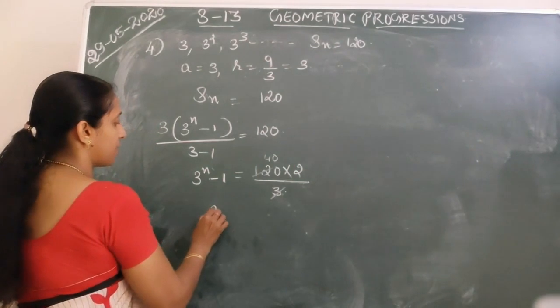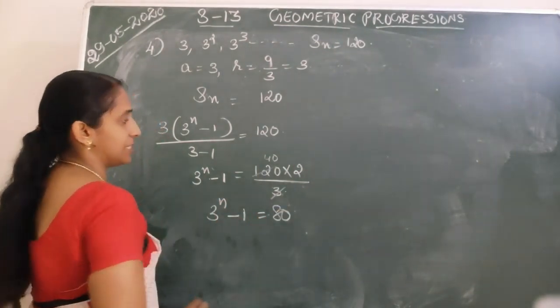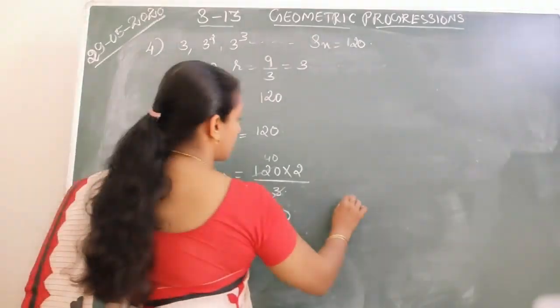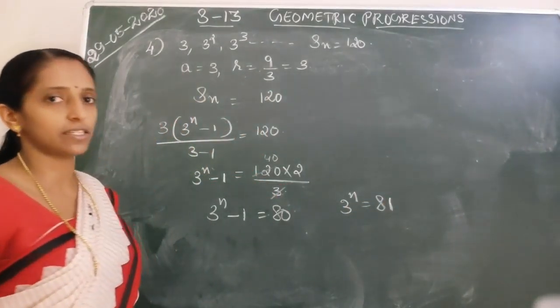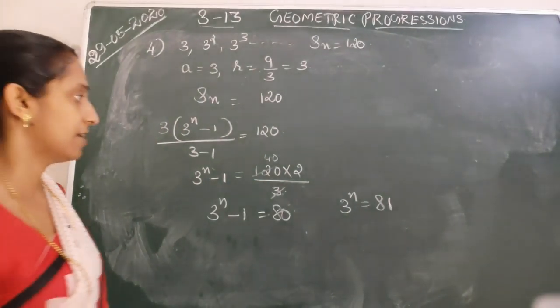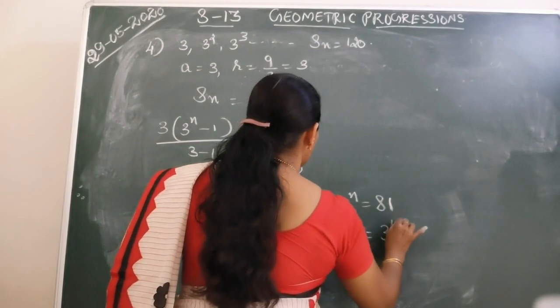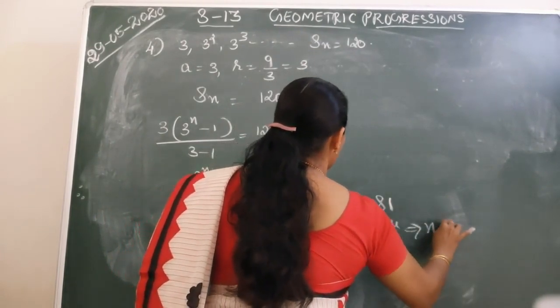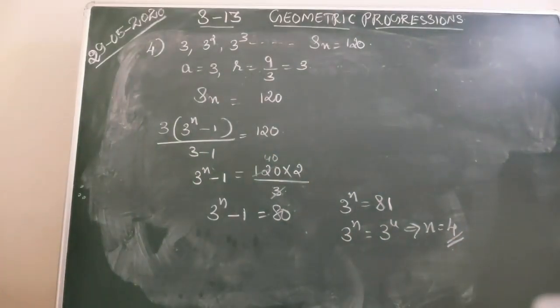So 3 to the power n minus 1 you are getting as 80. Therefore 3 to the power n will be 81. You can write 81 in terms of 3. What is that? 3 to the power 4. So n will be equal to 4. Write down.